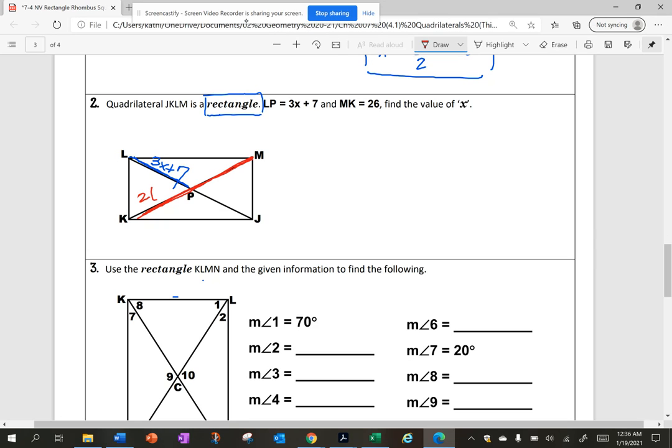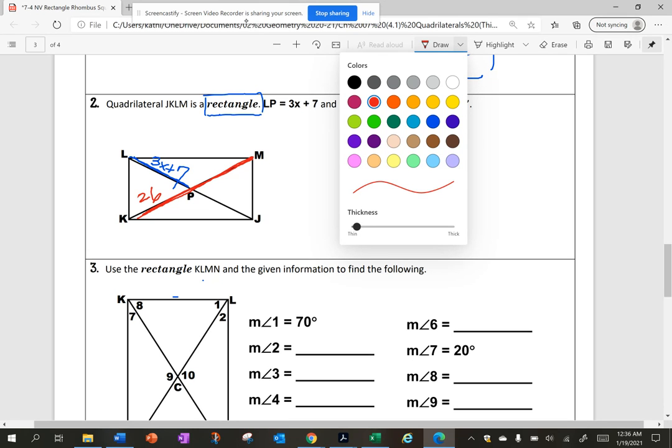Find the value of x. Okay, so while I still have a rectangle and I know my diagonals are equal, this time I just have half of this diagonal and the whole of this diagonal. So I can set up my equation two different ways to solve.